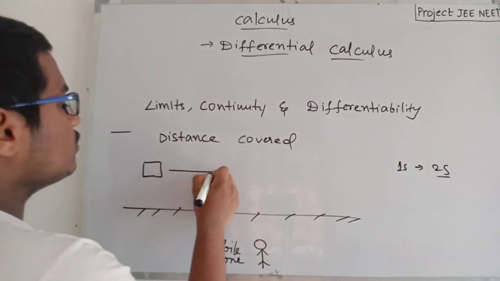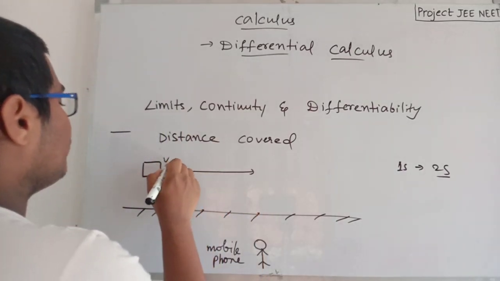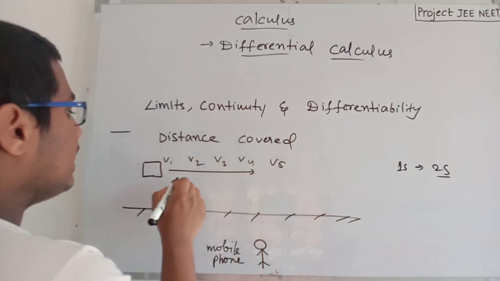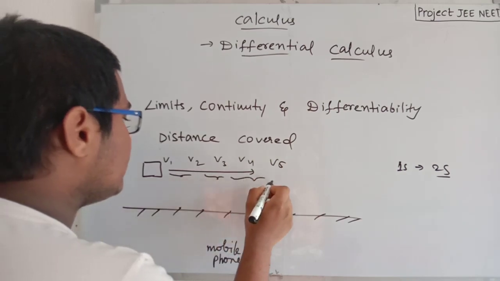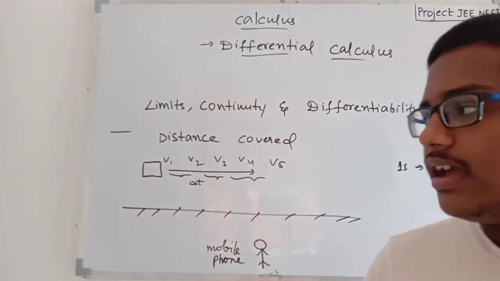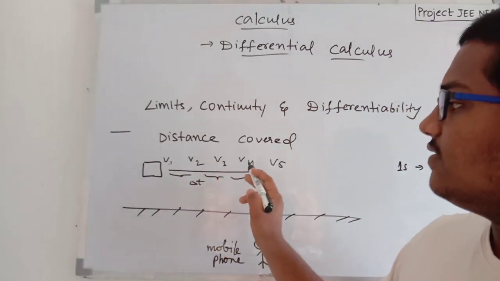So if this object is moving with velocities v1, v2, v3, v4, v5 in intervals of delta t, at the same time intervals, suppose it is moving at v1, v2, v3, v4, v5.